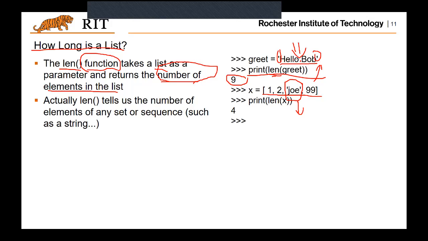So in this case, we have 1, 2, which are 2 integers, the third element, which is a string, and the fourth element, which is another integer. So it turns out it will return 4. That's a very interesting difference between the len function for a list and for a string, and you have to know this difference.